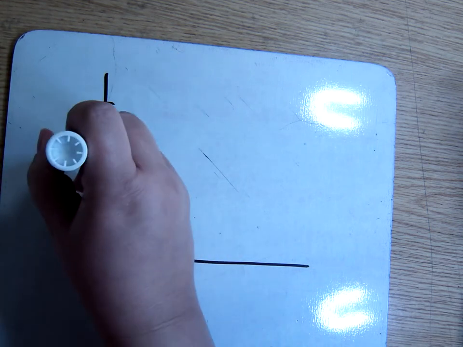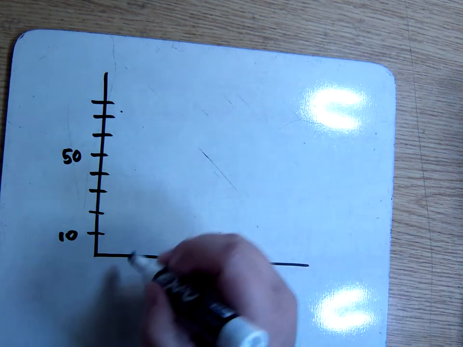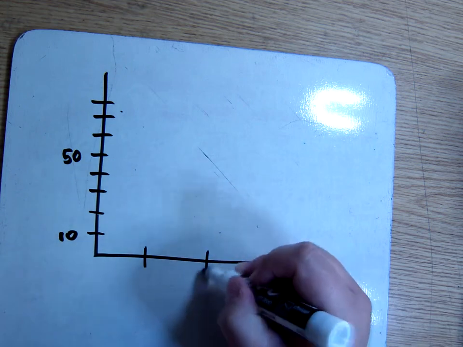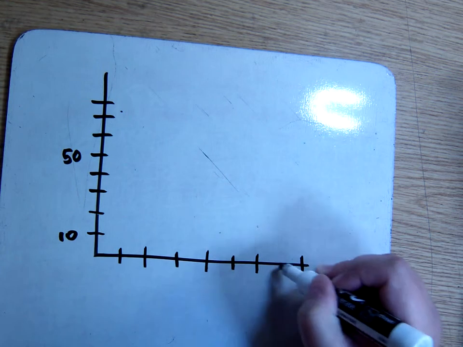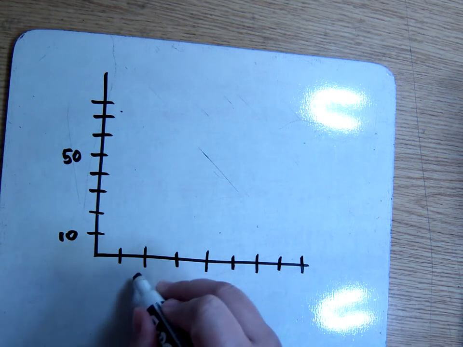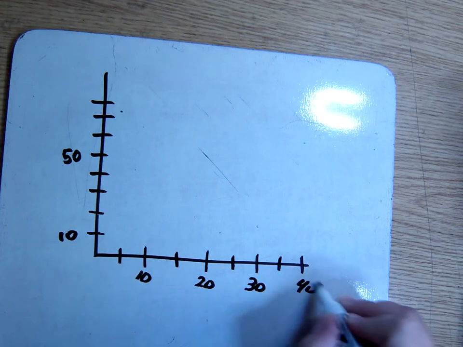And this would be 50. And on time, we need to go from 0 to 35. So I think I'll go maybe by 5s. Okay, so this is by 5s. So this would be 10, 20, 30, 40.